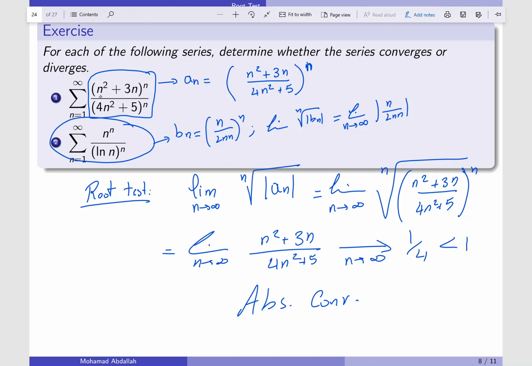I can drop the absolute value because when n approaches infinity, n is positive, and ln n is also positive, because ln n is positive when n is bigger than 1. So this is the limit when n goes to infinity of n over ln n. Using L'Hopital's rule, this is the limit when n goes to infinity of 1 over 1 over n, so this n goes up, and that's going to be infinity. So this series is divergent. So this diverges, and the first one is absolutely convergent.